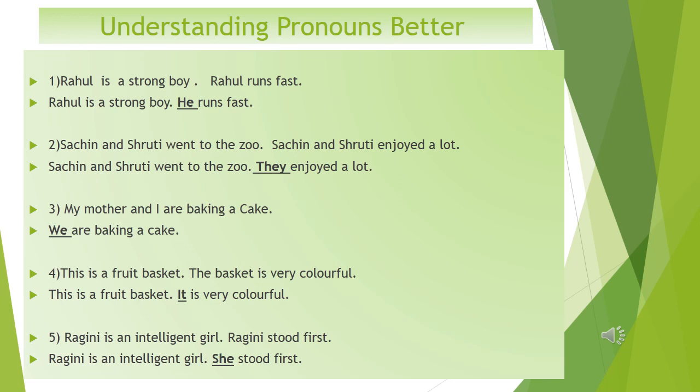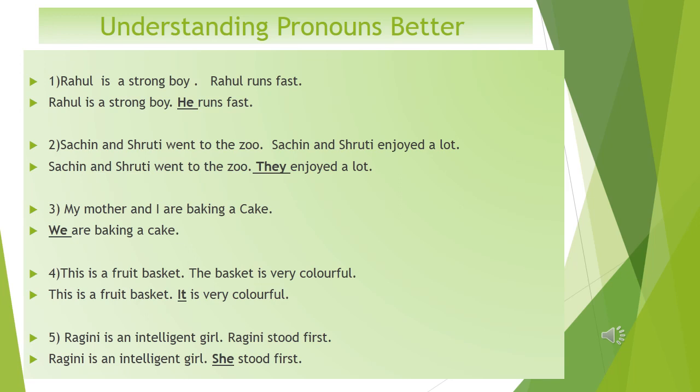Third sentence is, my mother and I are baking a cake. My mother and I are baking a cake. Now you are telling us that you and your mother are baking a cake. So when you are talking of yourself and your mother, in Hindi you say हम केक बना रहे हैं.